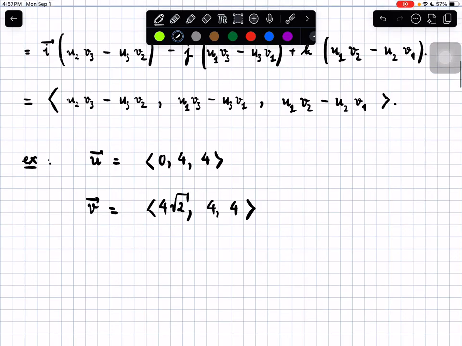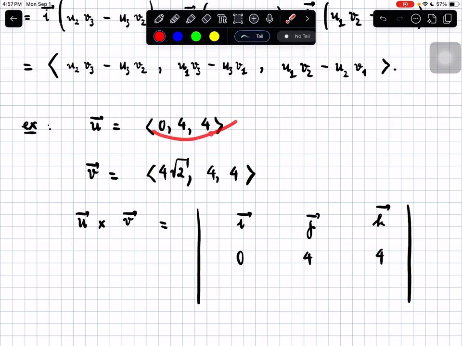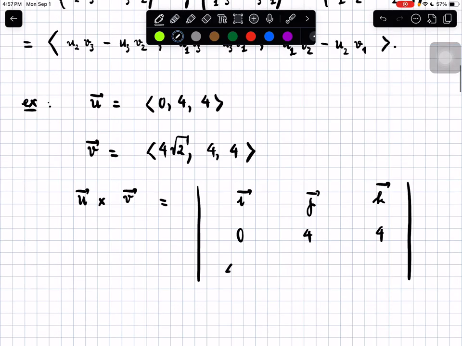We need to compute u cross v. What we do is we put i, j, k on the first row, then the three components of u, 0, 4, 4, on the second row and v, 4 square root of 2, 4, 4, on the last row.